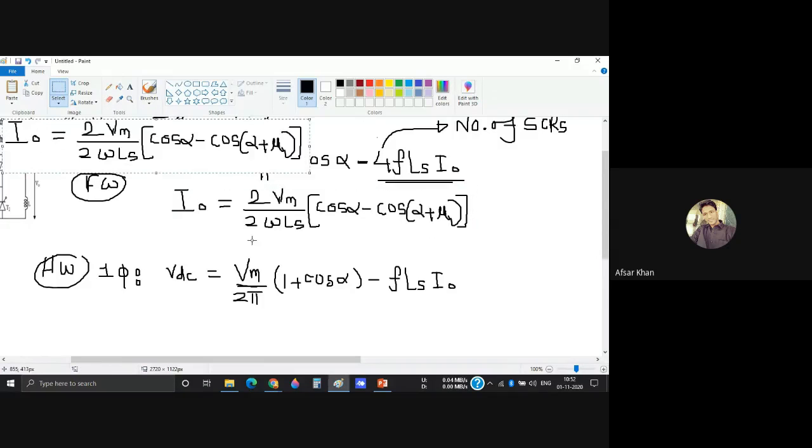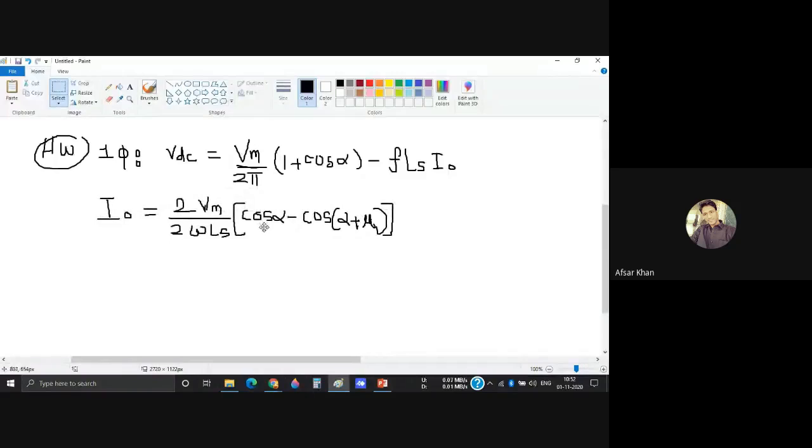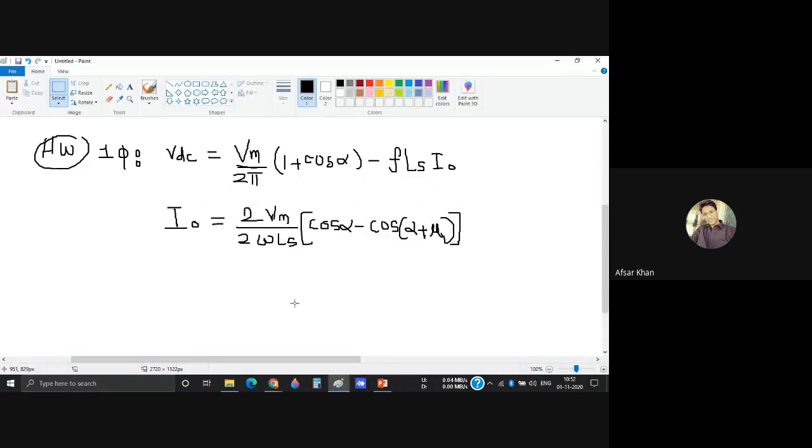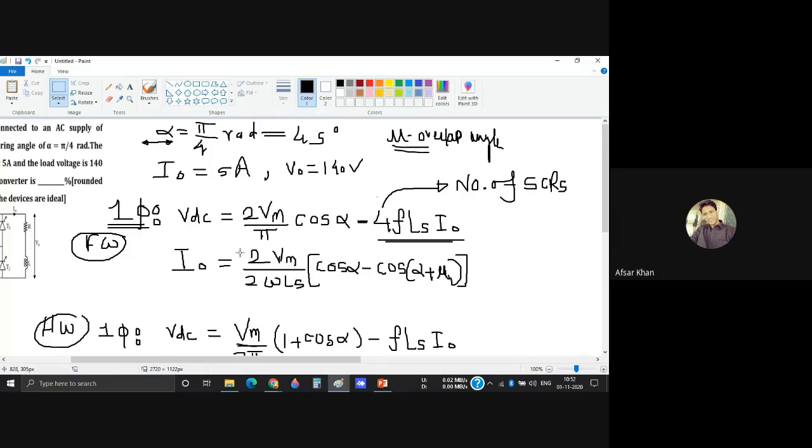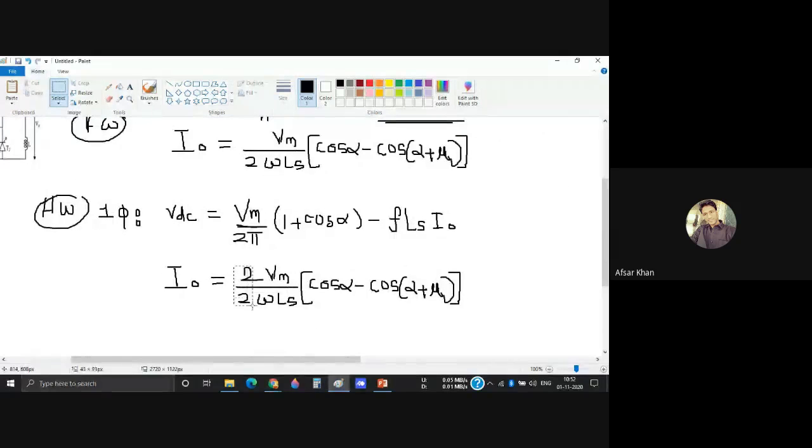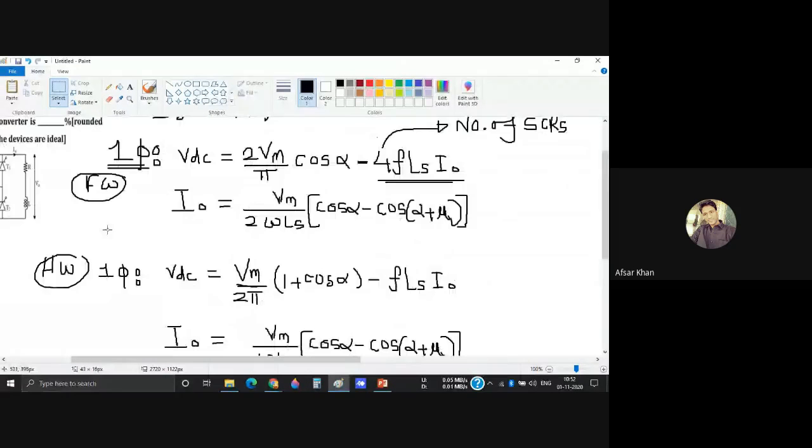In half wave, instead of twice, it is only Vm by 2 omega Ls, and here we have only Vm by omega Ls, cos alpha minus cos alpha plus mu. So this is single phase, half wave and full wave.